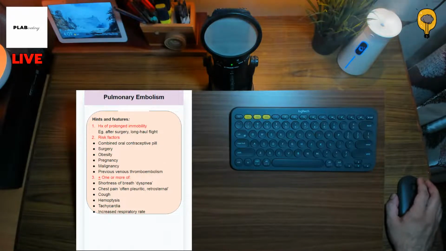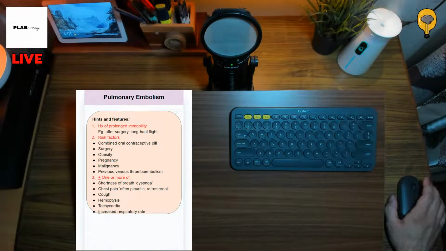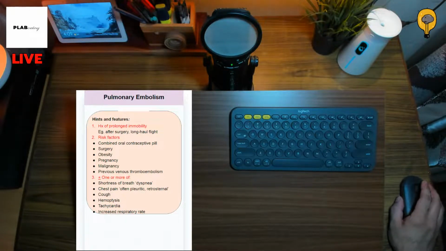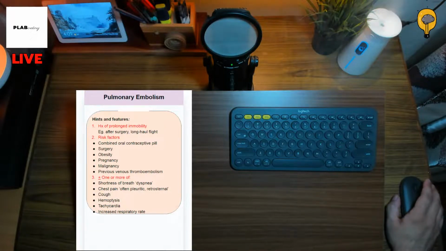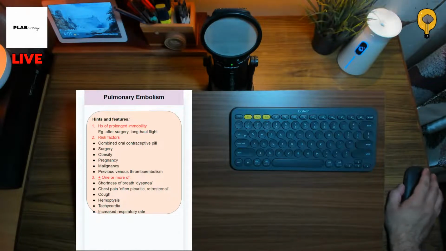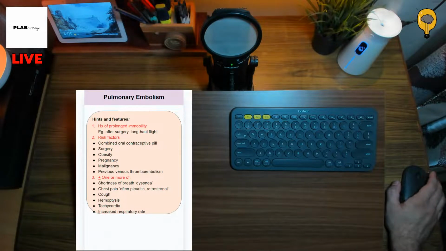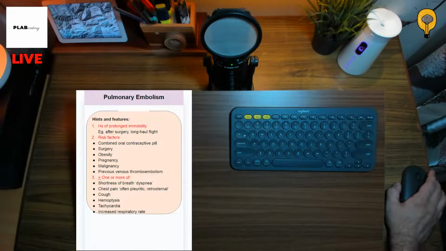Now, in terms of diagnosis and management, CTPA, that is CT pulmonary angiogram, is the gold standard for the diagnosis of pulmonary embolism. That is the most definitive diagnosis. And immediate administration of therapeutic anticoagulants must be given once pulmonary embolism is suspected, even before carrying out CT pulmonary angiogram.